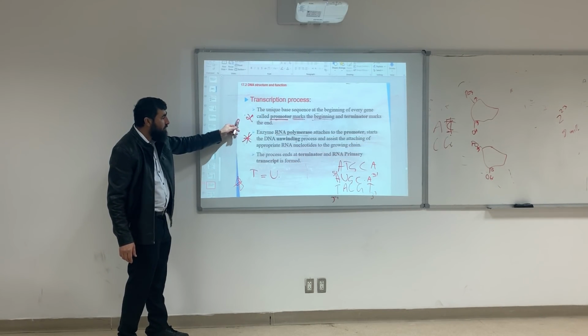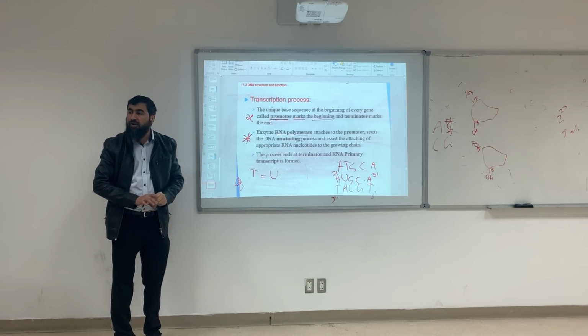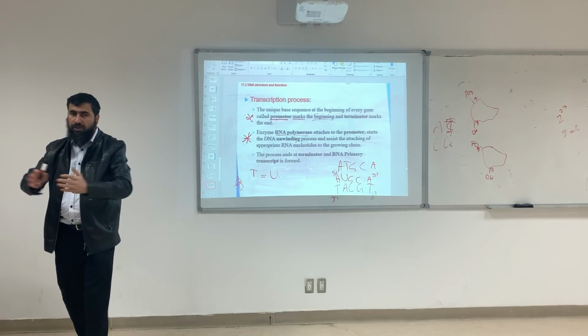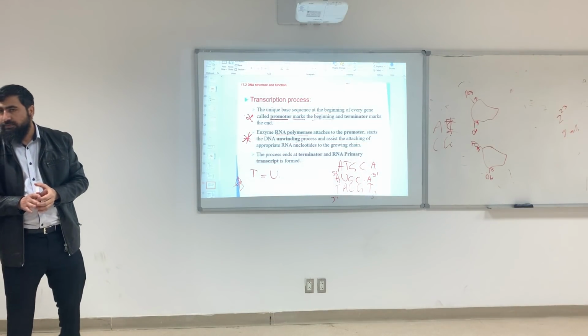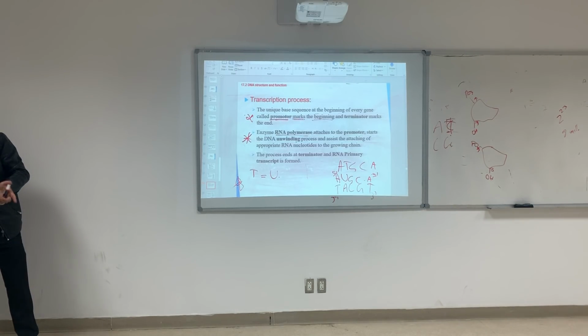So these two points are very important. Number 1, the promoter marks the beginning. Number 2, the RNA polymerase unwinds a single gene, not the whole DNA. By the end of transcription, we end up with what we call a primary RNA transcript. Remember that.